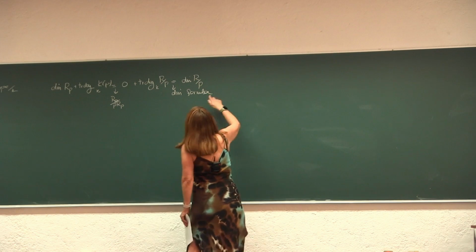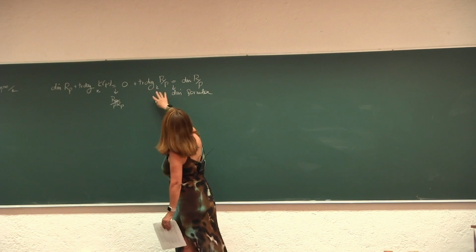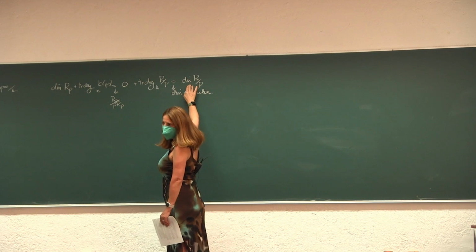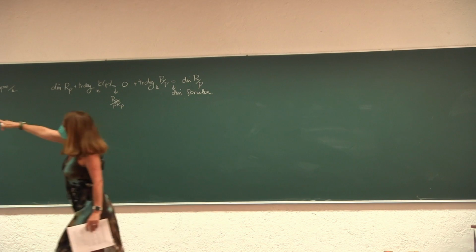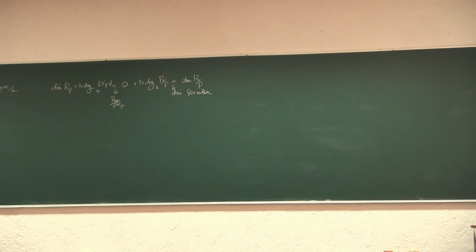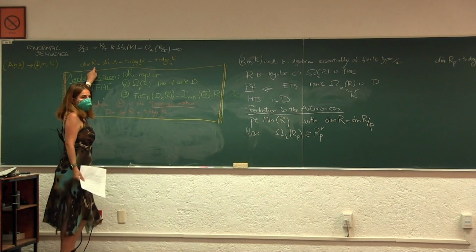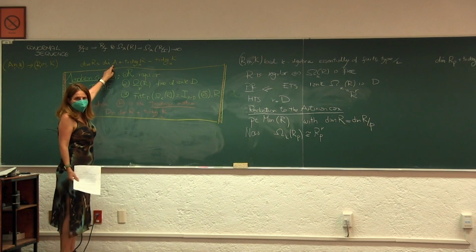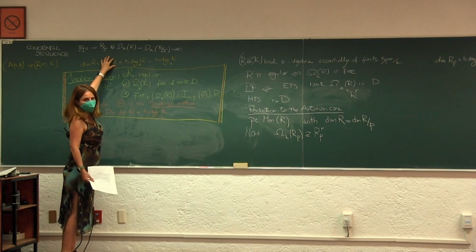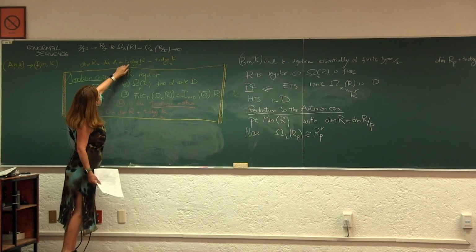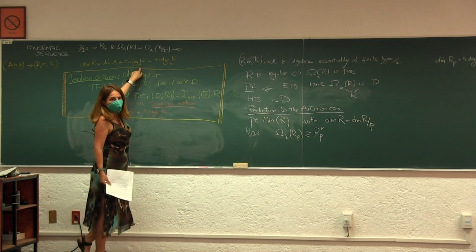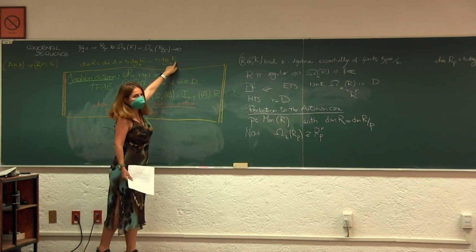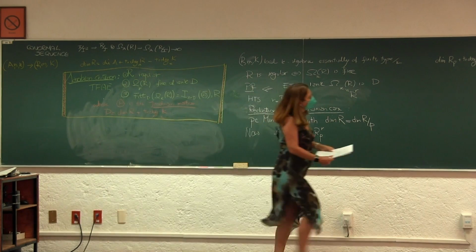So by the dimension formula, apply the dimension formula to R modulo P. And A is K. The dimension of this is 0 because it's a field, and then you have the transcendence degree of R_P over K minus the transcendence degree of K over K. That's exactly what we wrote here.